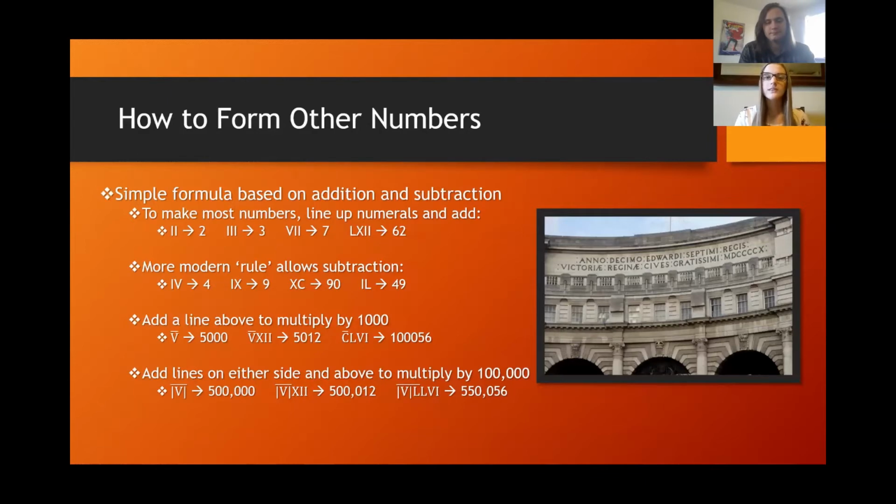Now that we know the basic numerals that make up the various numbers, how can we identify a number that is between 1 and 5 or between 5 and 10 and so on? The Roman numbering system is based largely upon addition and subtraction. So we would start with our largest numeral.